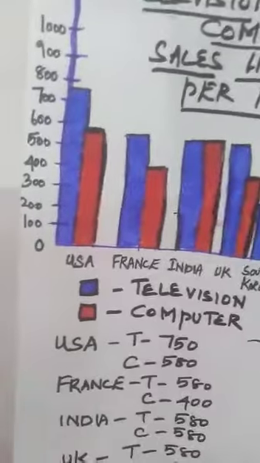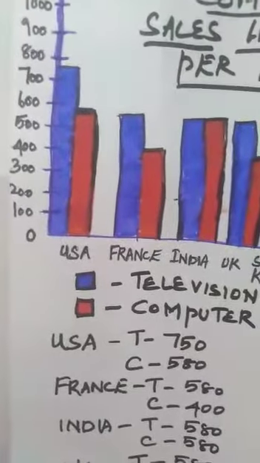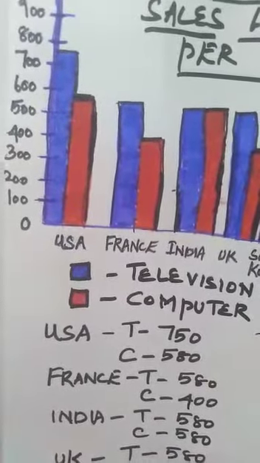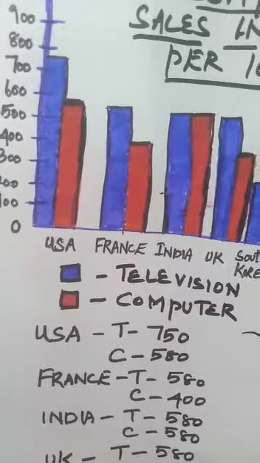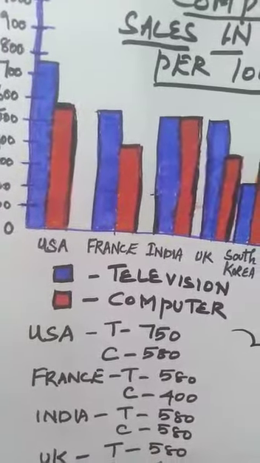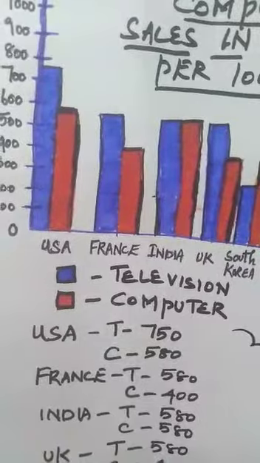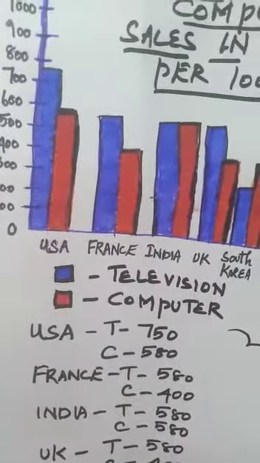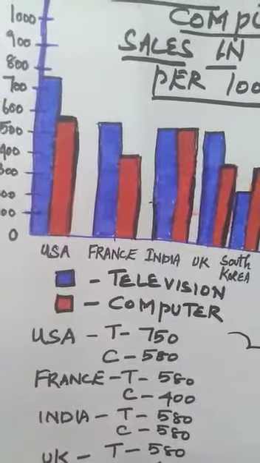Now if you take USA, about 750 people are watching or using television. And for PCs, how many are interested to buy? 580.